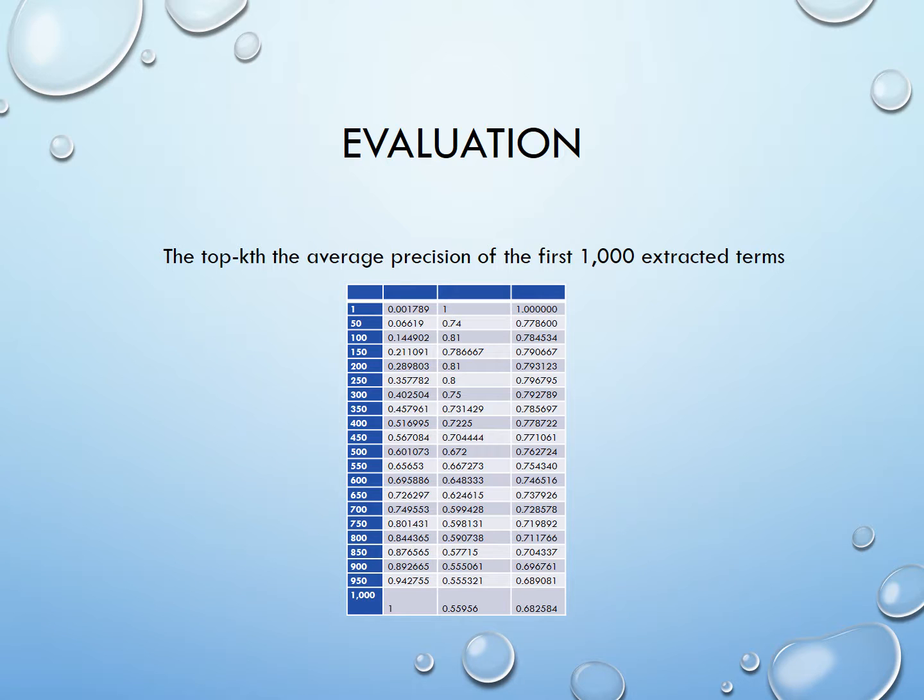The other thing you can do is calculate the average precision of the top n terms. So we calculated the average precision of the first 1,000 terms. And that gave us a score because average precision is an accepted metric in term extraction for English and other languages.